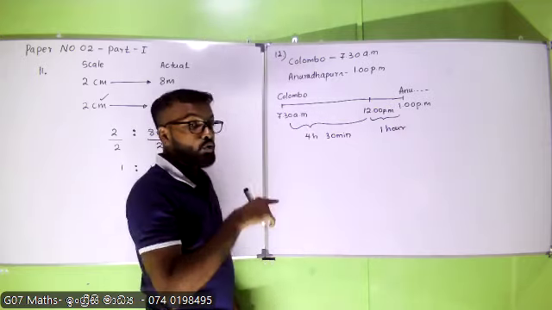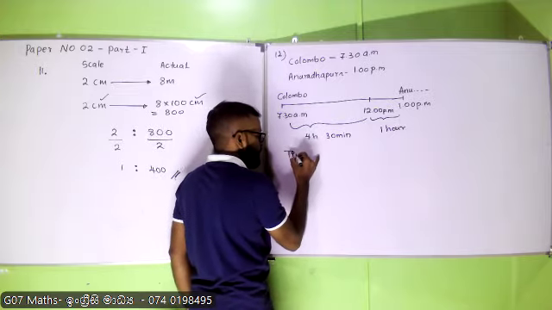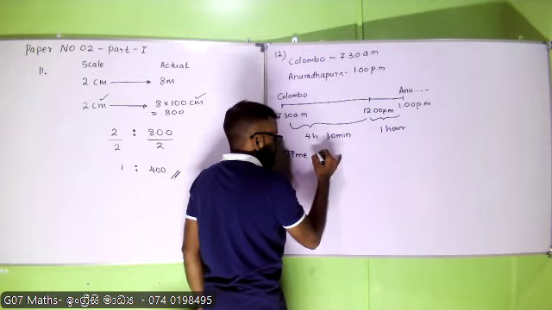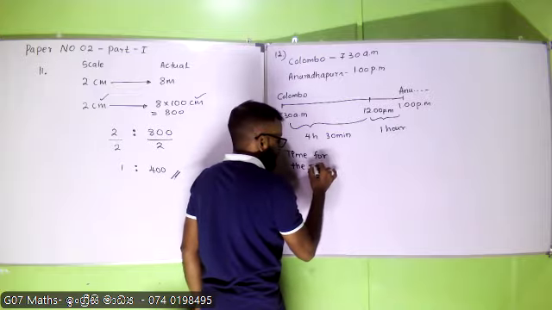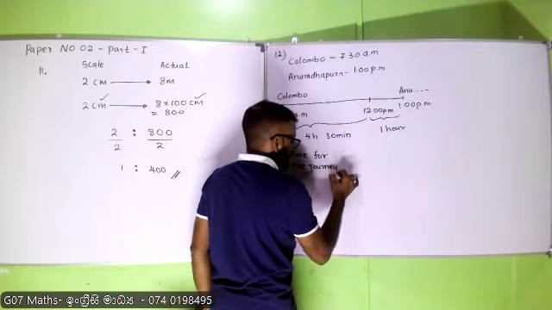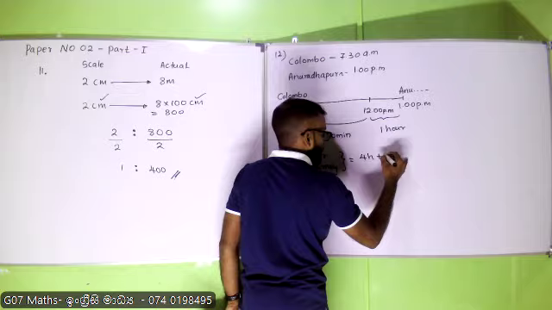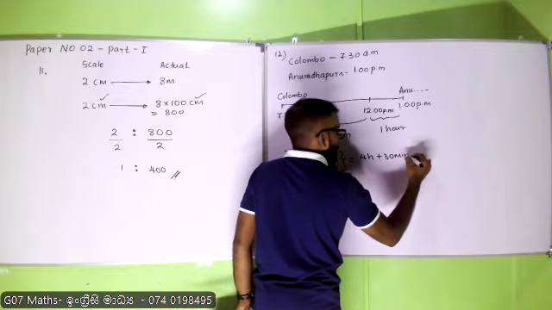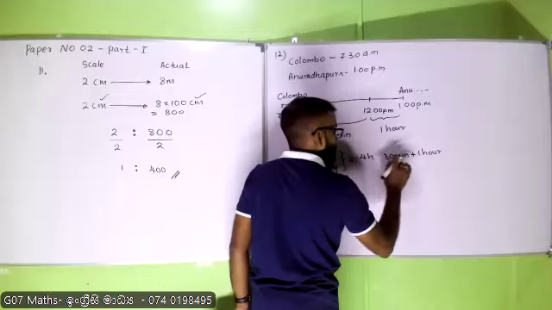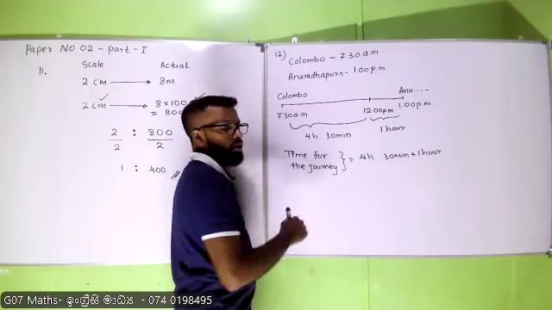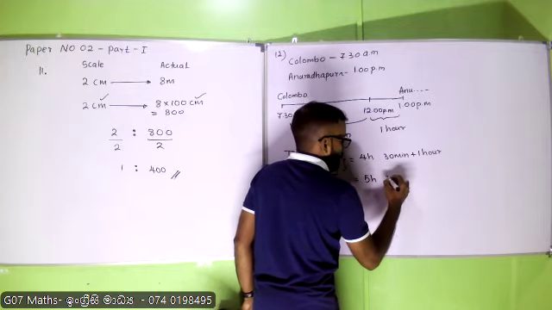Now all together, what is the final value? The time taken for the journey, you can write 4 hours plus 30 minutes plus 1 hour. 4 hours plus 1 hour is 5 hours, plus 30 minutes. 5 hours and 30 minutes.